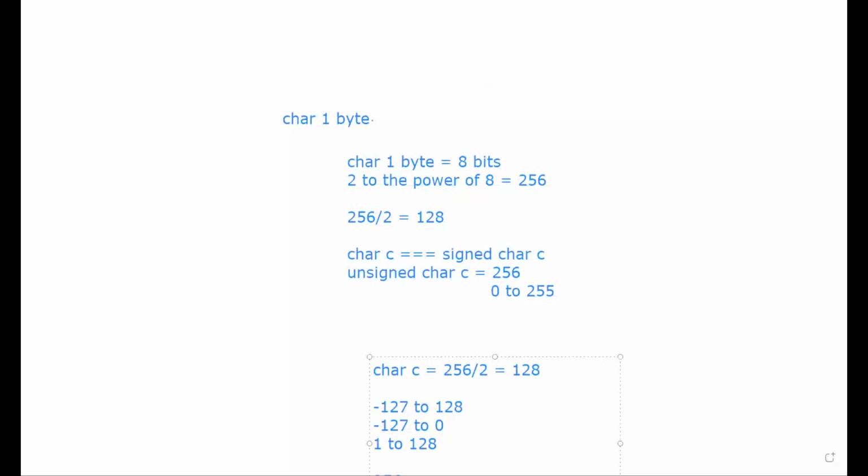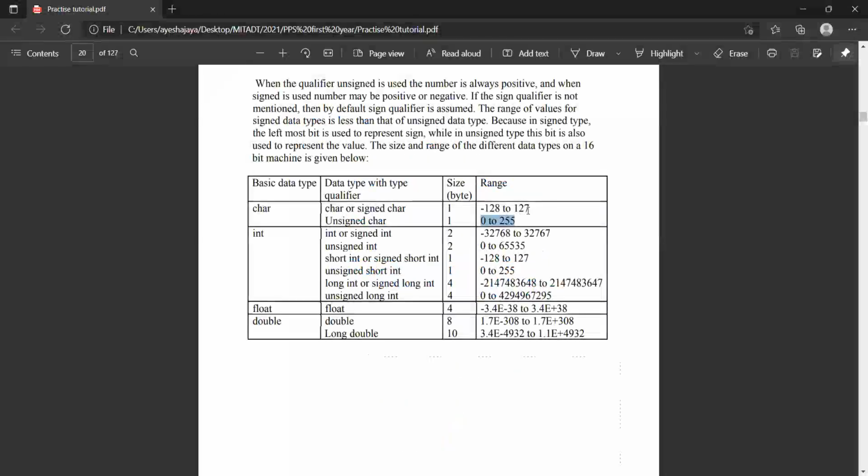Okay, so over here it is mentioned that minus 128 to 127. This can be modified to make you more clear. How?